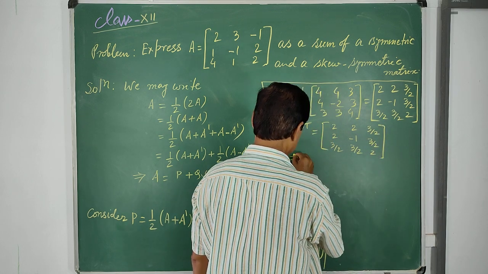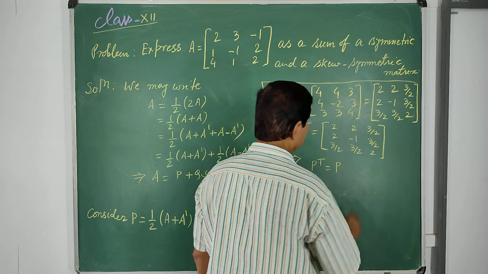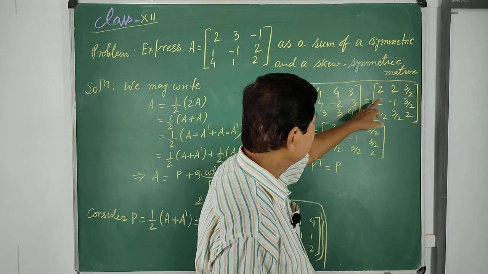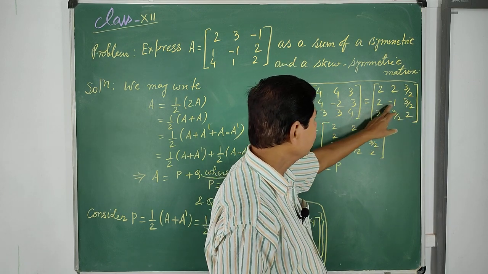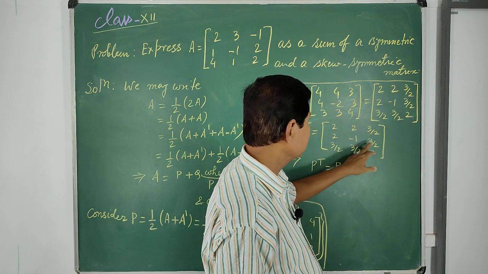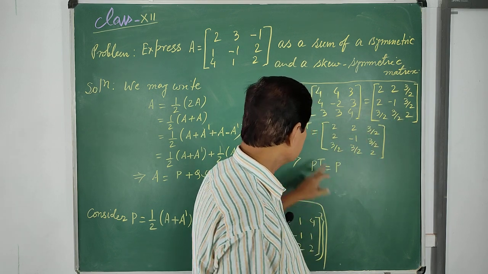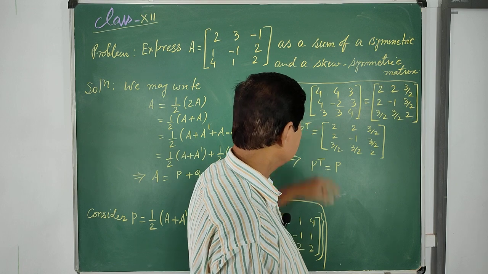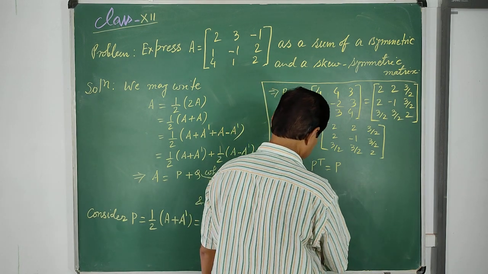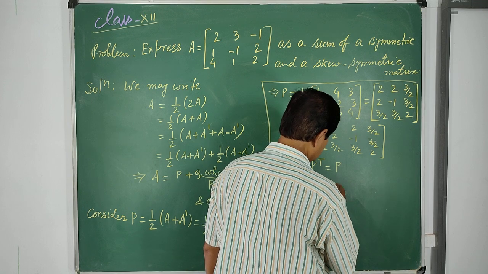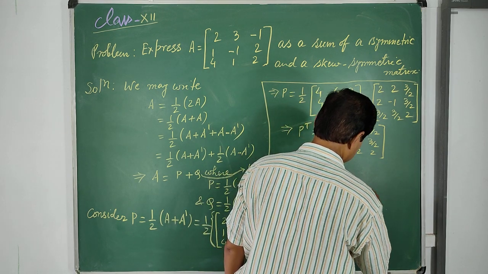So this implies PT equal to P. This is your P and this is PT, and these two are the same. So PT equal to P, that means P is a symmetric matrix.